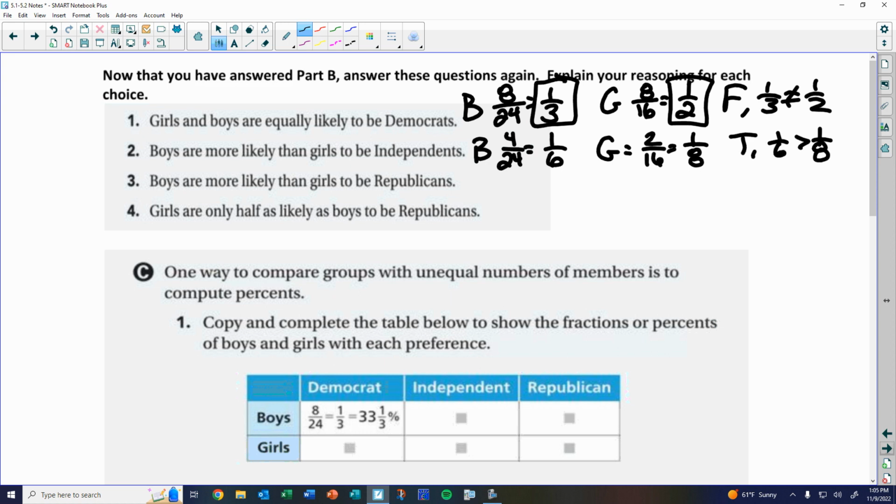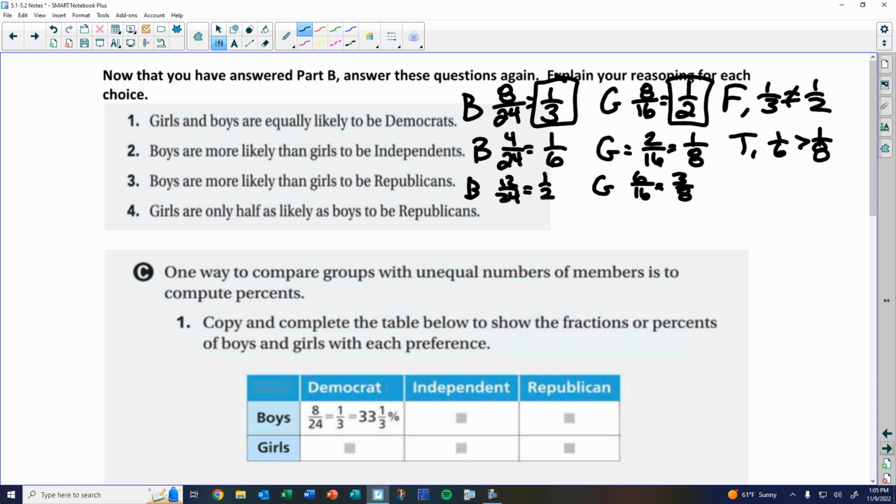Now it says boys are more likely than girls to be Republicans. Remember, for the boys, it was 12 out of 24, which reduces to a half. And the girls, it was 6 out of 16, which reduces to 3/8.